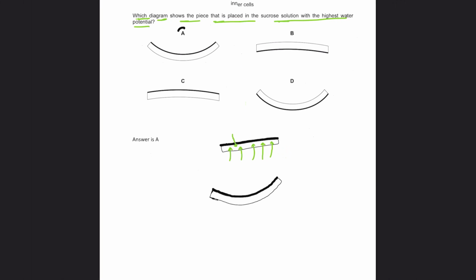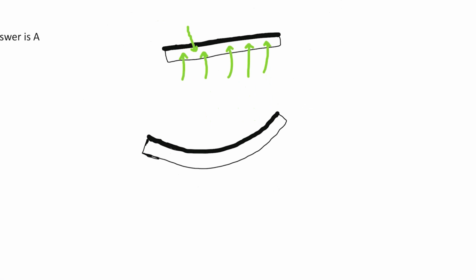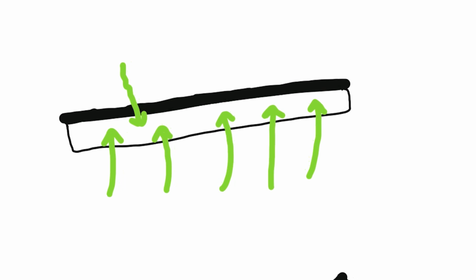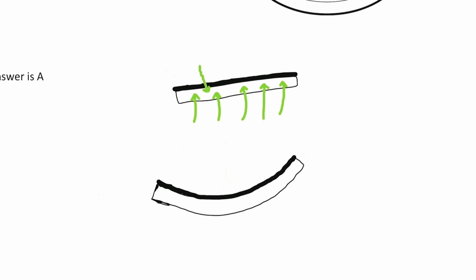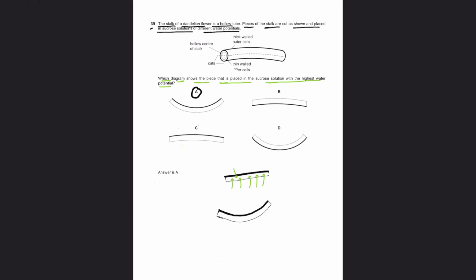The answer is A. I hope you get this MCQ. The strip curves because of the different rate of movement of water by osmosis. Or we can even say that the water does not cross the thick walled outer cells. So water enters from here and not from here.